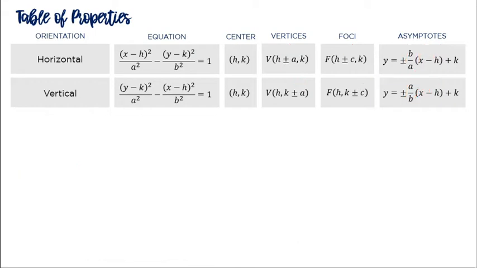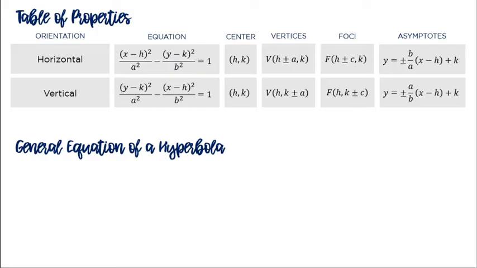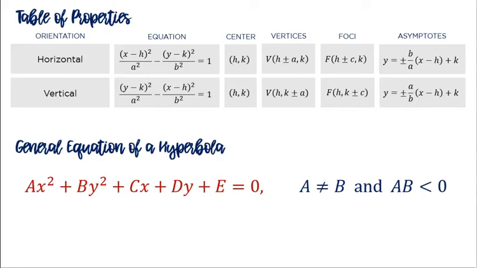Now, if we are going to expand the standard equation of the hyperbola, we can get the general form of the equation of the hyperbola. And it is given by this one. We have ax squared plus by squared plus cx plus dy plus e equal to 0. Yung a, b, c, d, and e natin dyan ay mga real numbers lang. Okay? So here, a and b should not be equal and the product of a and b should be less than 0.